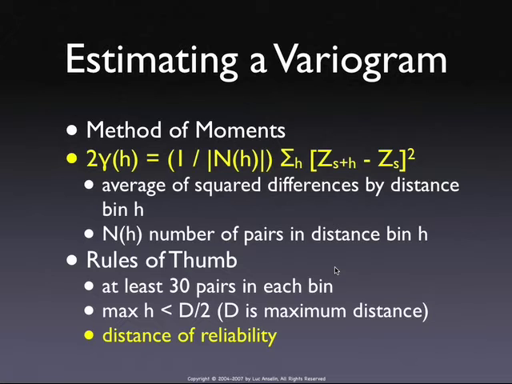There's not enough pairs. The second aspect is that the number of these pairs in each bin is not constant. As a result, the precision of your estimate in each of the bins will be different. So even though you're looking at these points as if they are exact, in fact, they're not.